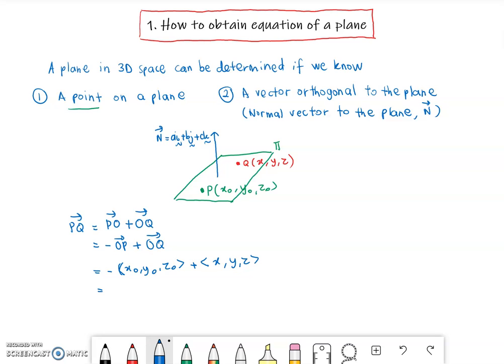So we simplify this, and we get x minus x naught, y minus y naught, z minus z naught. So this is the vector of PQ.